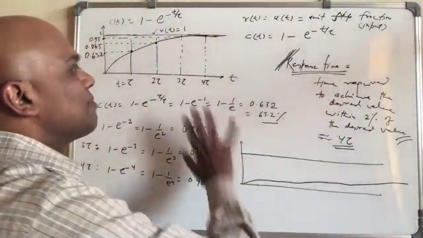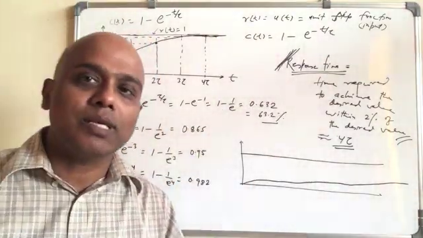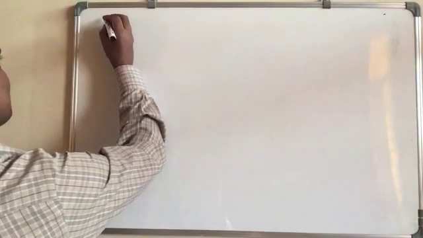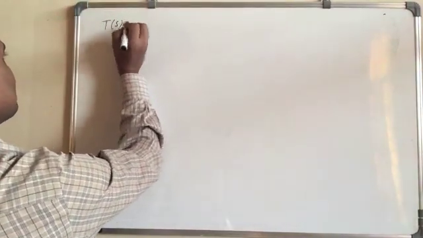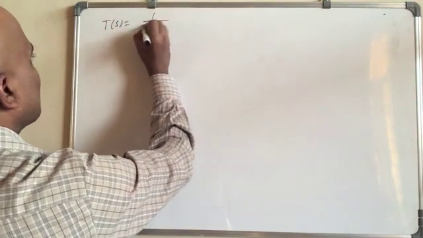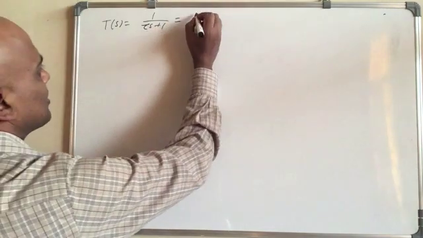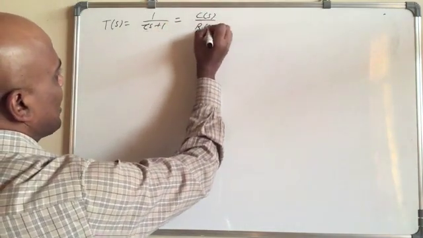So this is just to compare systems; the response time is an important parameter. Take the same first order system, whose transfer function is given by 1 over tau s plus 1, equal to Cs divided by Rs.